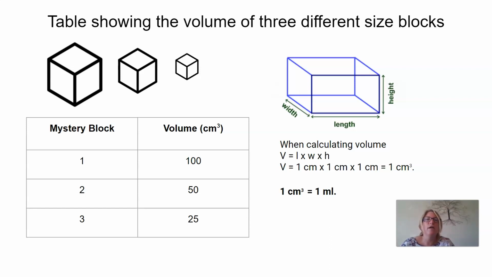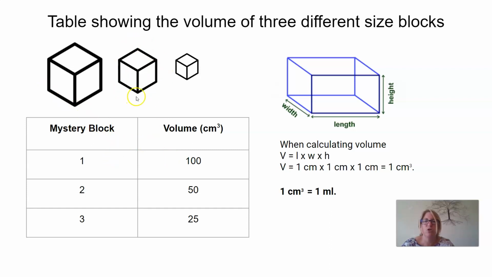So I have gone and measured the length, breadth and height of the 3 mystery blocks. I measured the height, the length, and the width of mystery block 1, and it turned out to be 100 centimeters cubed.